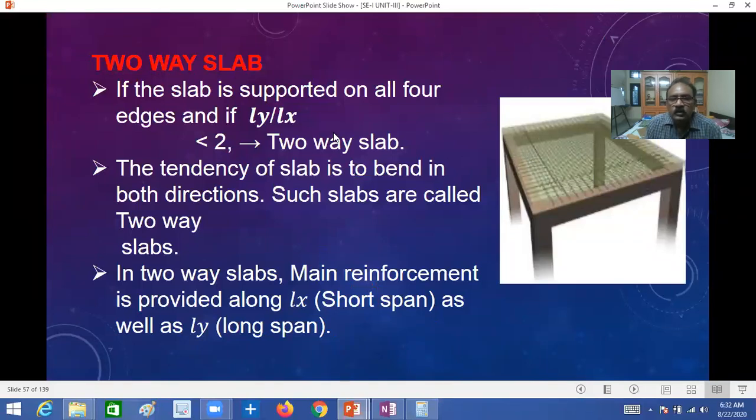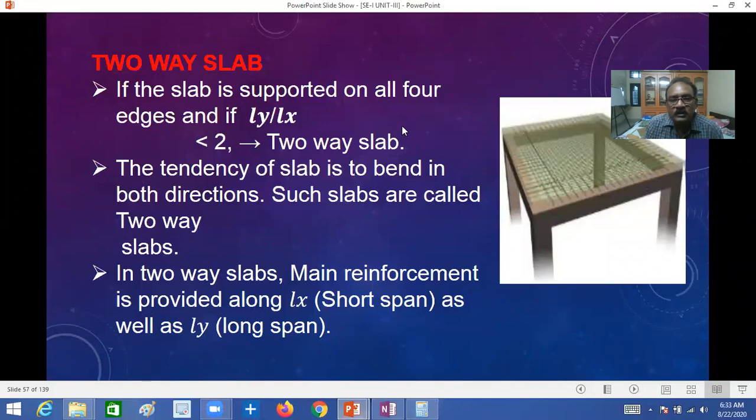Okay, so this is as per IS code 456:2000. The slab length by width of the span, that is, the length in the longitudinal direction, the longer span length divided by the shorter span length, if it is less than 2, it is called a two-way slab.